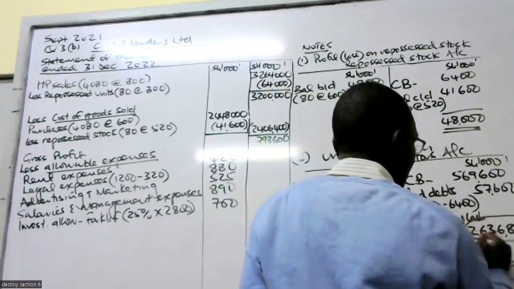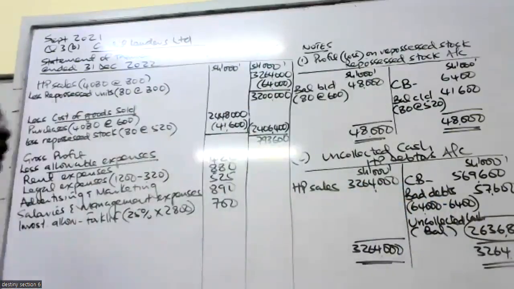So this is the figure for uncollected cash: 2,636,800.